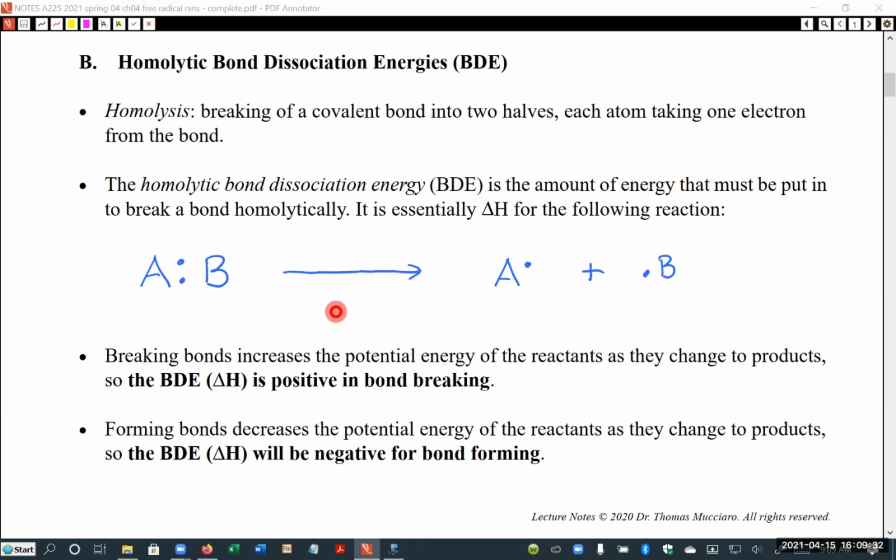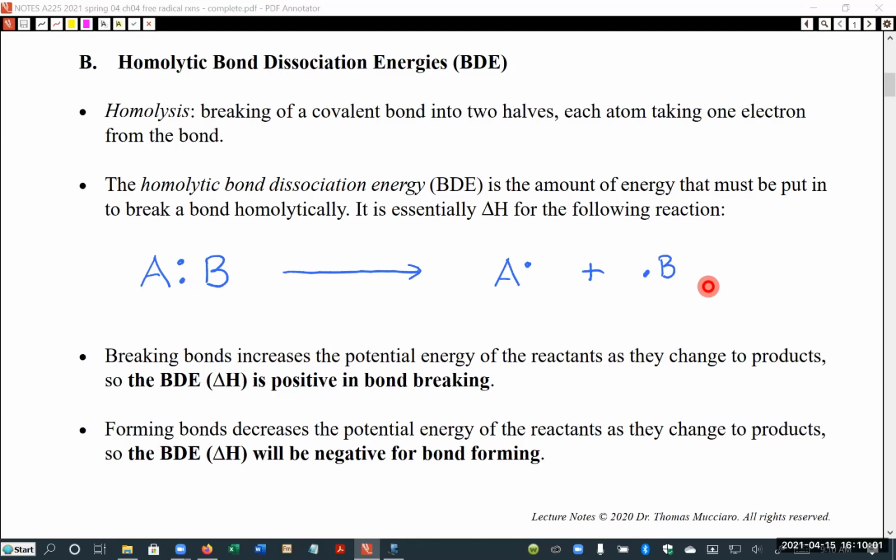And there are, in fact, several different bond dissociation energies for a given bond, because you can break it apart homolytically, but you can also break bonds apart heterolytically, where one of the atoms takes two electrons and the other takes none. We saw this, for example, in the first step of the SN1 and E1 reactions. We're going to focus on homolytic bond dissociation energies.